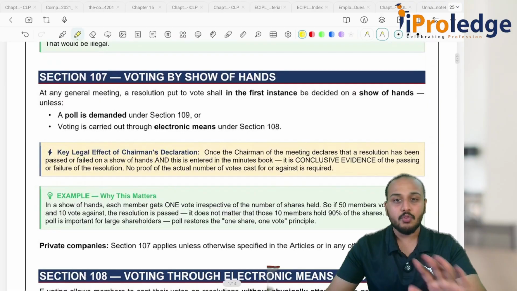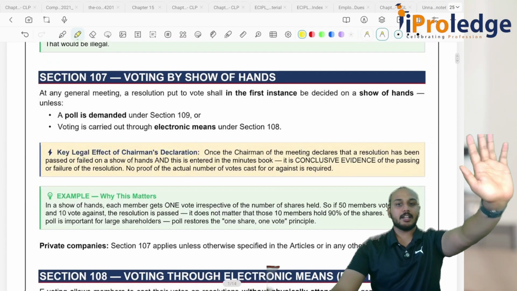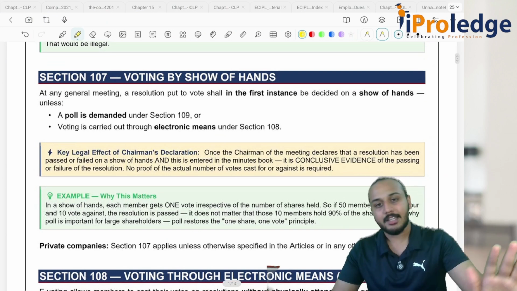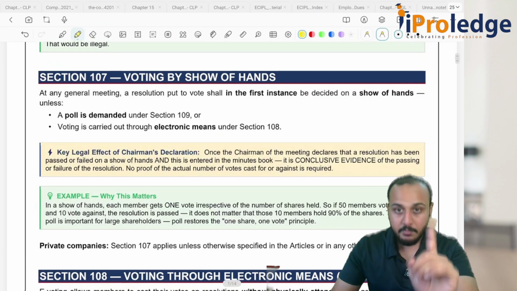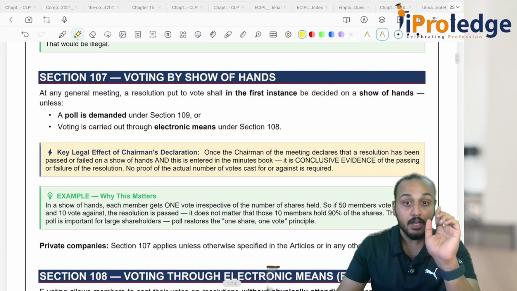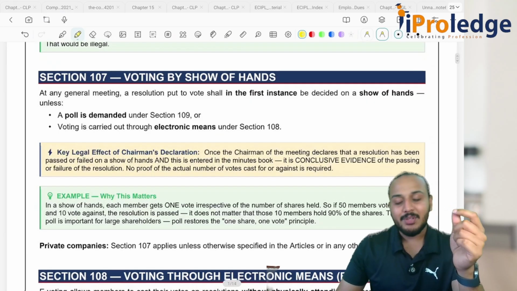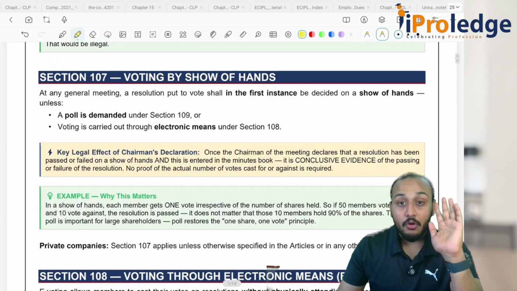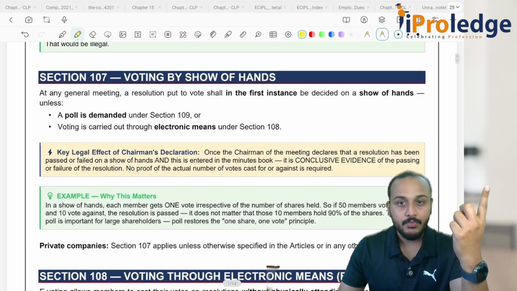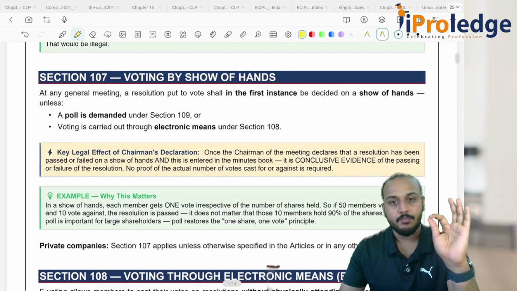And 107 is voting by show of hands. As the name suggests, you are voting by raising your hand, saying that, sir, I am voting against the resolution or for the resolution, nothing else. Observe one thing. In section 107, voting by show of hands, repeat it with me: everyone around you will get to know what vote you cast.